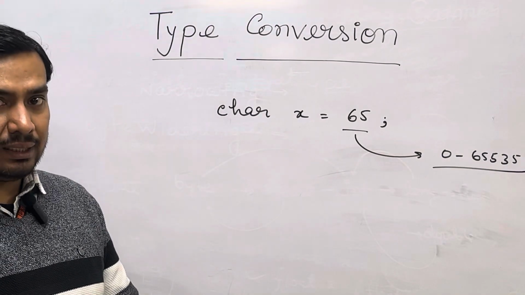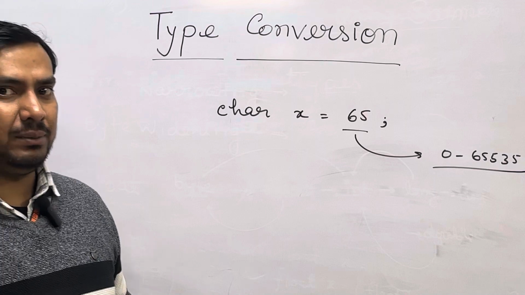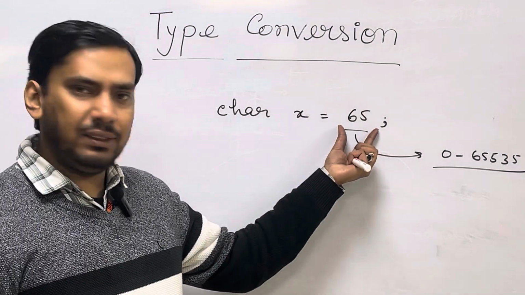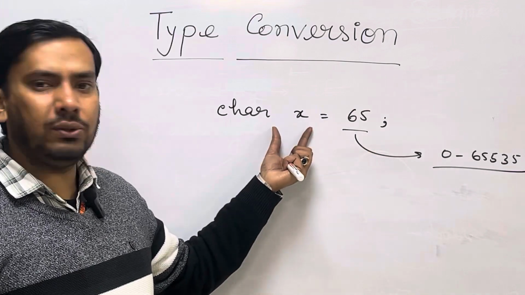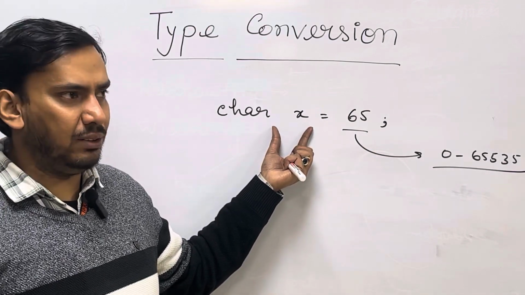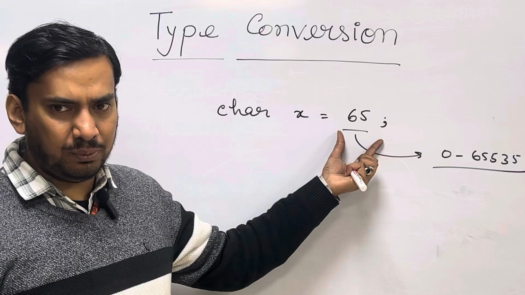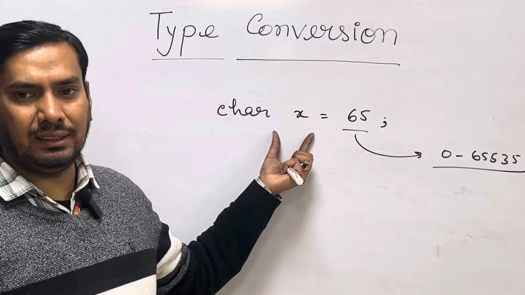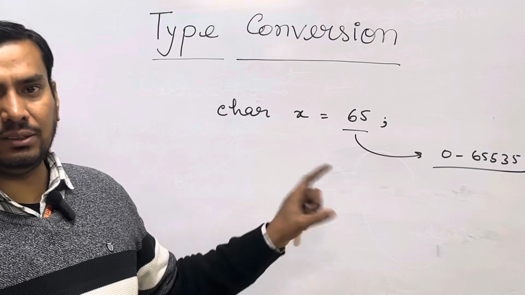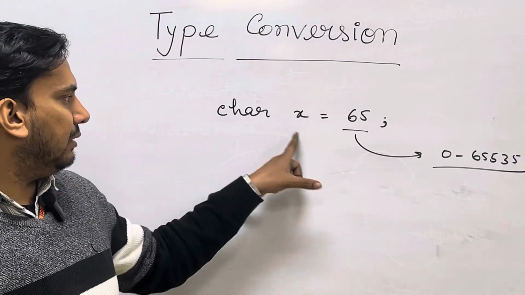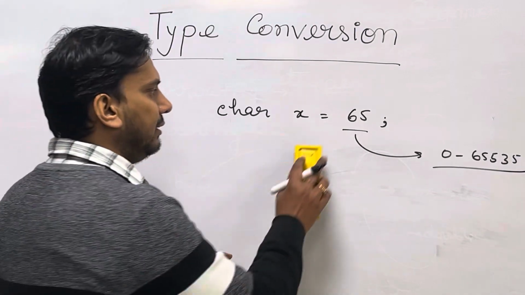Now here the widening narrowing concept will not come into the picture. Why? Because 65 is int, right? Int is assigned to char. So if you check based on the size, int size is 32 bits and char size is 16 bits. So you can say it is a loss of precision, but no, it is not loss of precision. So that is okay. This is the first thing.